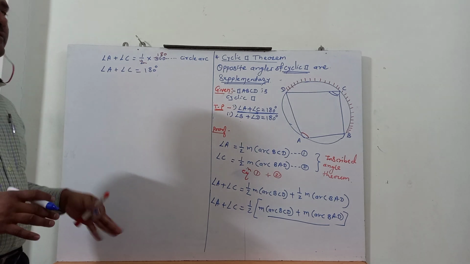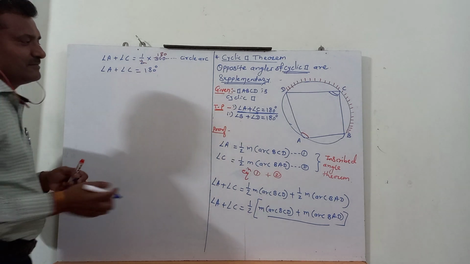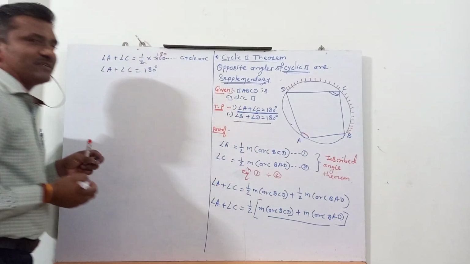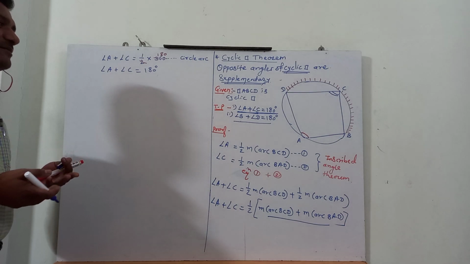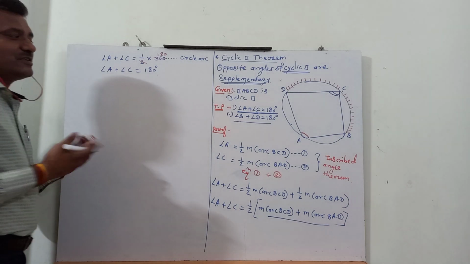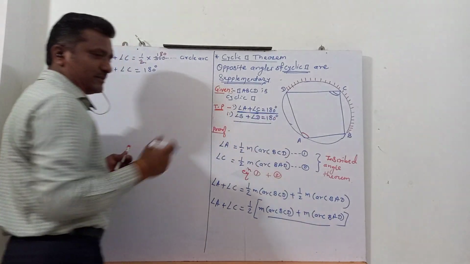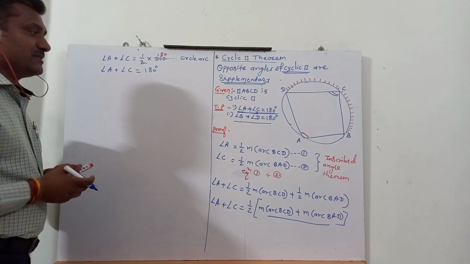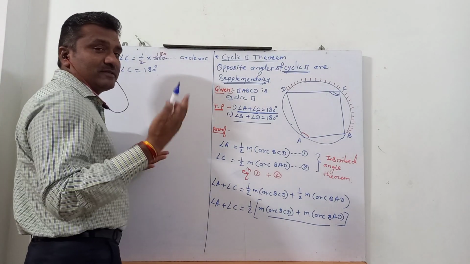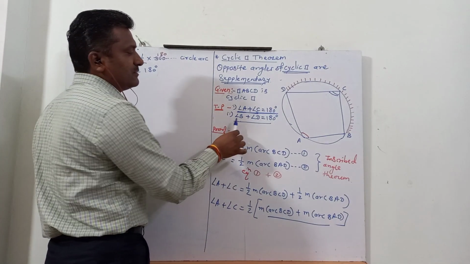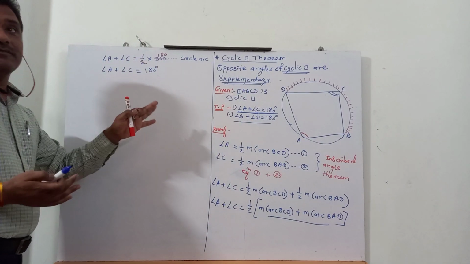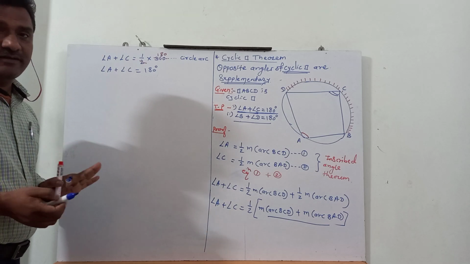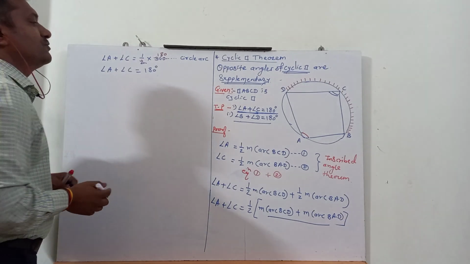But the work is not done yet because you want to prove the second pair also, right? Sometimes what happens in the board exam? Previously we mentioned that similarly we can prove like this, but sometimes in a model answer sheet there is a weightage for proving B plus D equals 180 degrees separately. That is why you want to prove it.